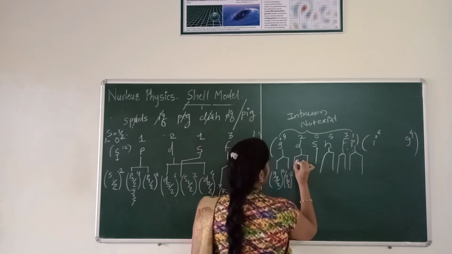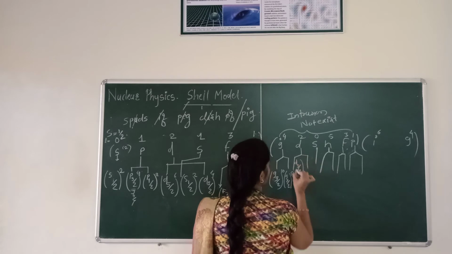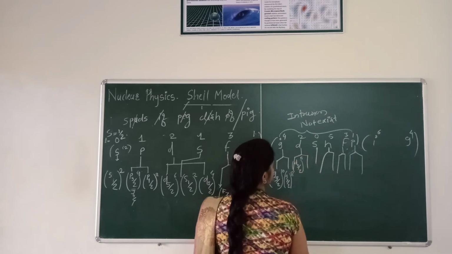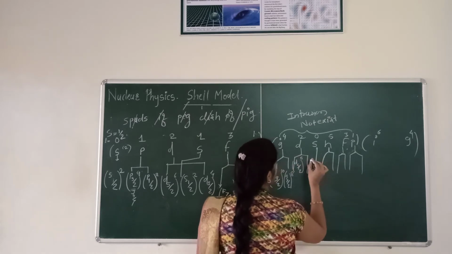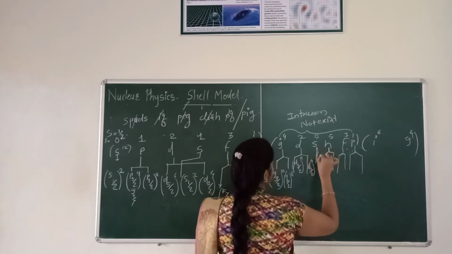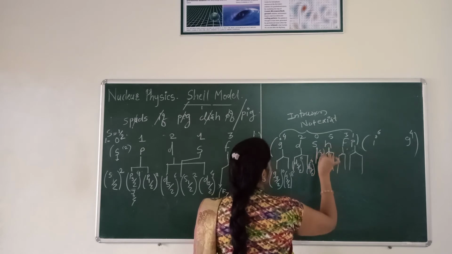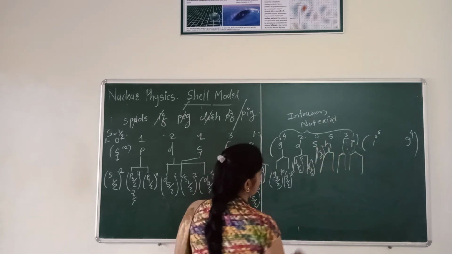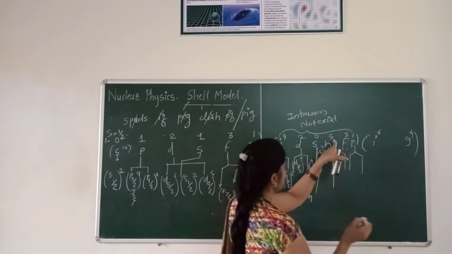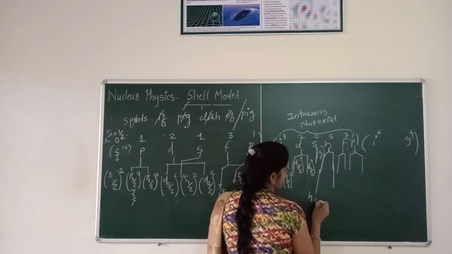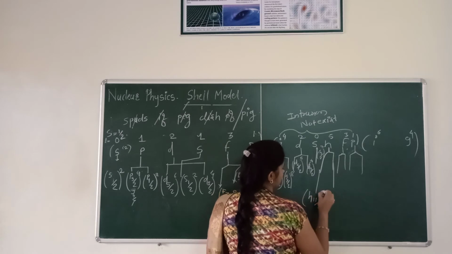After that, D 5/2 contains 6 terms, D 3/2 contains 4 terms, and S 1/2 will contain 2 terms. Now for this H, 5 plus half, H 11/2 contains 12 terms.